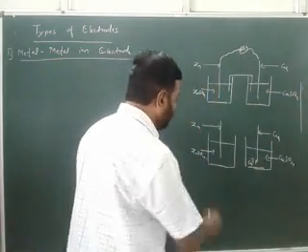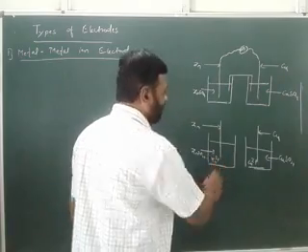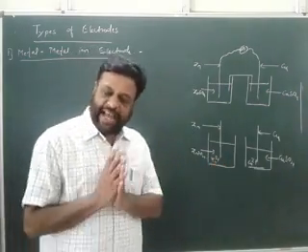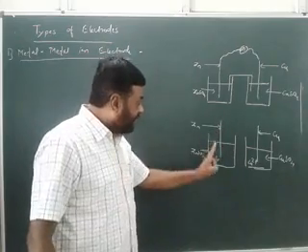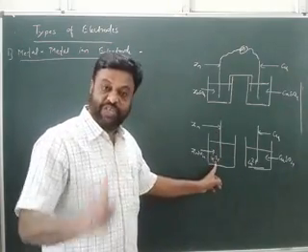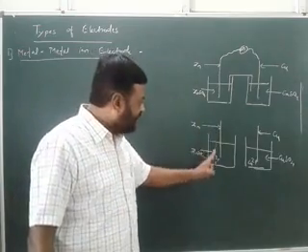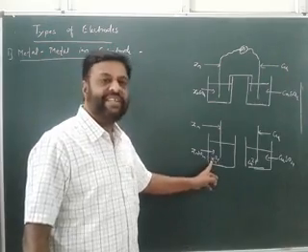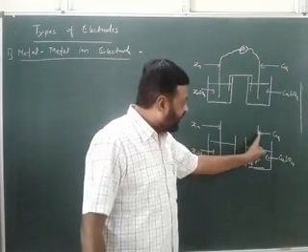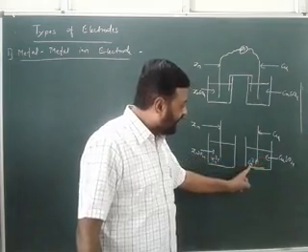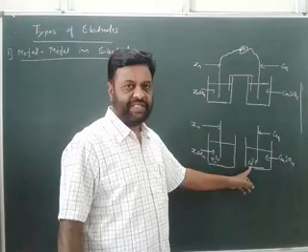Here Zn is dipped into the solution containing Zn 2 plus. So metal ion electrode means metal is dipped into the solution containing its own ion.